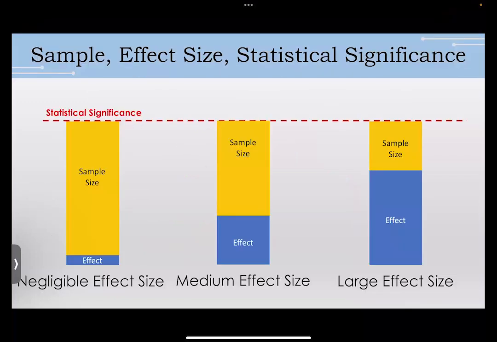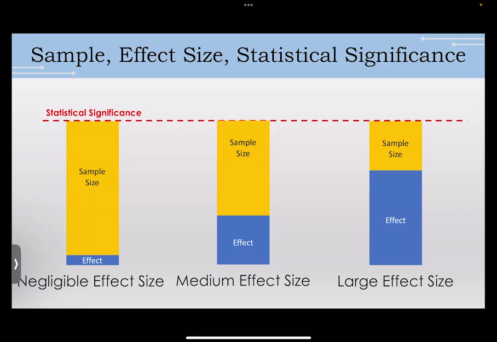Now, the sample size, effect size, statistical significance piece. Remember, our goal is power. Our goal is not statistical significance. Statistical significance is required for power, meaning power involves finding an effect, but declaring statistical significance does not mean that there's actually an effect.